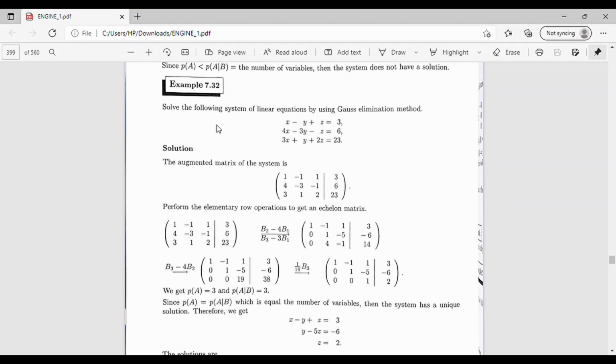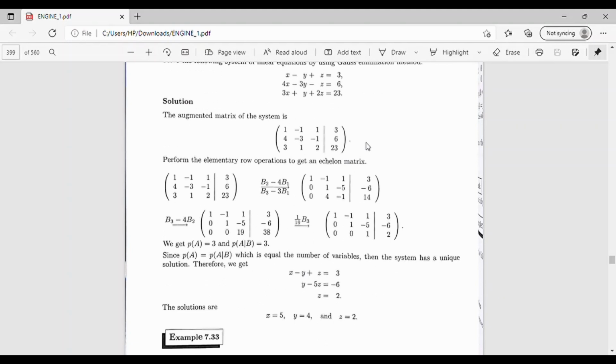Solve the following system of linear equations by using the Gauss elimination method, and we can see that there are 3 variables. We convert it into the matrix shape, and we can tell that the question has three variables, and also the result is three.